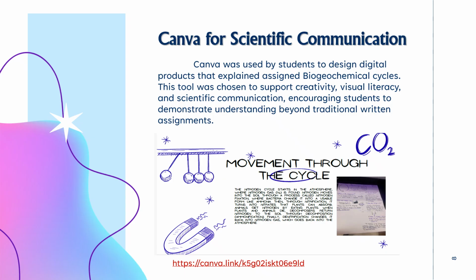My goal was for students to demonstrate understanding through explanation, not just memorization. This worked really well because students were able to clearly explain their processes in their own words, and the visual format helped reinforce connections between concepts.